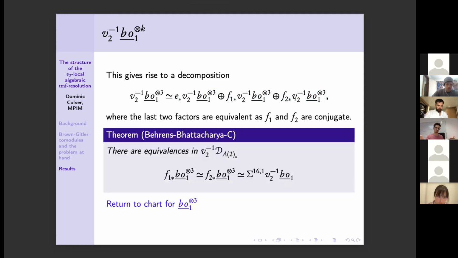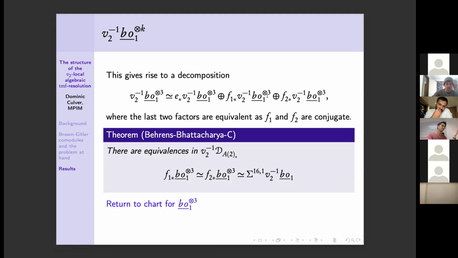And that turns out to be true. They turn out to be a shifted copy of BO1. And you can actually do this in a really hands-on way. BO1 is only 4 cells, so BO1 cubed is 4 cubed cells. You start applying F1 to the obvious basis, use the Cartan formula, and start drawing the cell diagram that this thing is.